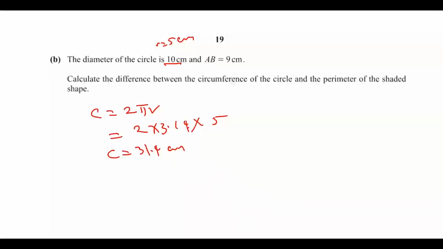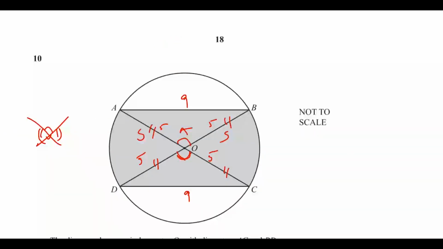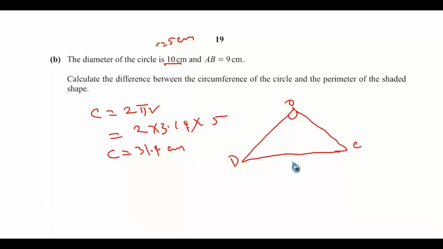Let's go back to that page. We have a rough sketch: this is O, this is D, and this is C. Here is 9, here is 5, and here is 5.